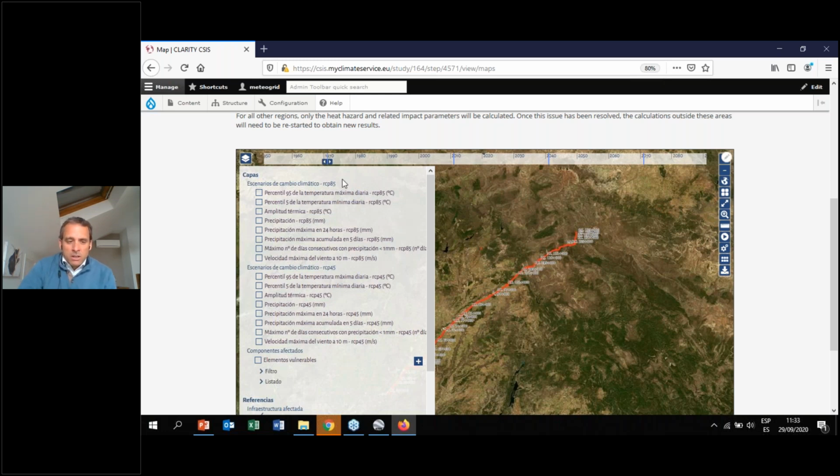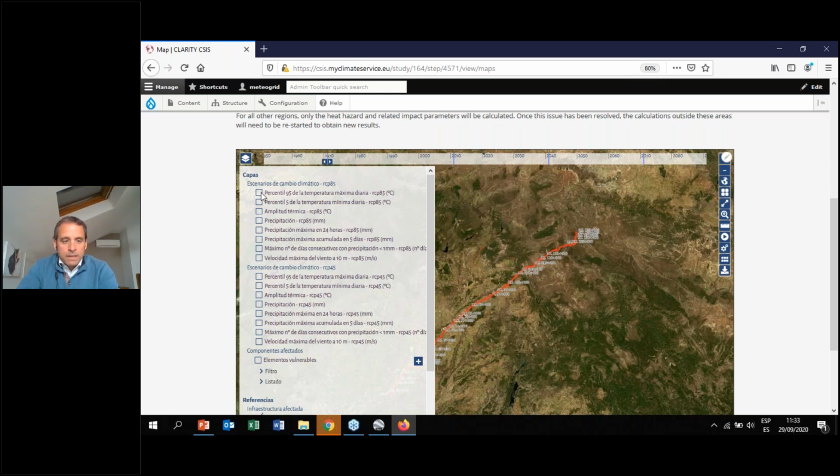Okay, so all of them for two climate scenarios, for the RCP 8.5 and RCP 4.5. Okay, so we identify climate indexes regarding precipitation and regarding temperature mainly.